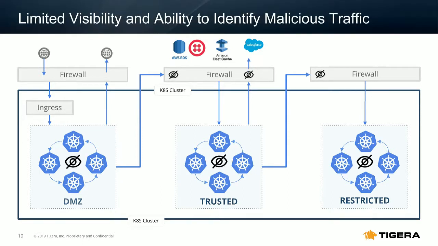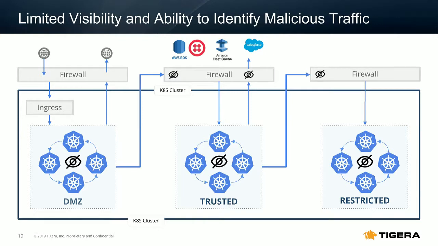There's also limited visibility here because you don't really see, at this point in time, any of the east-west traffic that's happening within Kubernetes itself. That visibility isn't really inherently there. Your firewalls that are in place have no visibility really because they're just allowing all traffic through. And they don't have a context for Kubernetes, meaning they don't know what a namespace is.